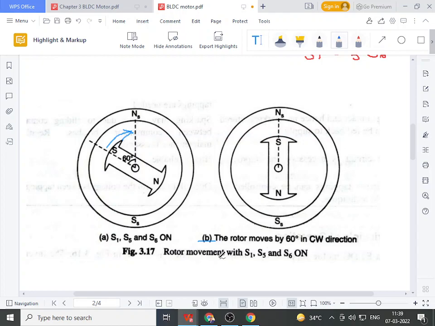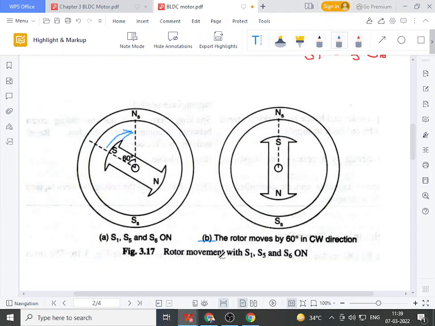Once a particular switching sequence is complete, that means after one switching sequence the rotor will move by 60 degree. After that, rotor position sensor will sense this new position of rotor. That rotor position sensor gives output to the controller, and accordingly the controller will generate the next switching sequence.